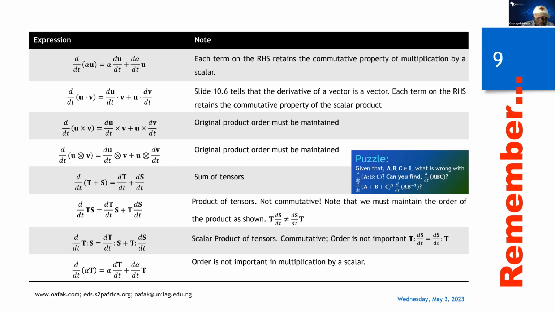For example, number 4 is not commutative. So I've done 3 out of the 8, and I want you now to do the remaining ones: 2, 3, 5, 6, 7.